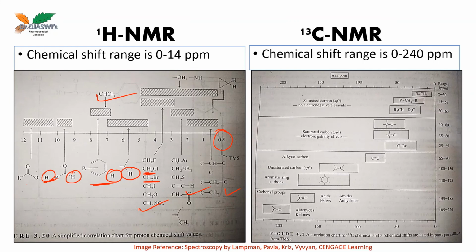We can see here the chemical shift range for 13C NMR with respect to TMS. Okay, these carbons which are attached to each other by double bond, these carbons which are a part of the aromatic ring, carbon which is a part of the carboxylic group, carbon which is directly attached to halogens, directly attached to oxygen through a single bond. So all of them will appear at different chemical shift values.